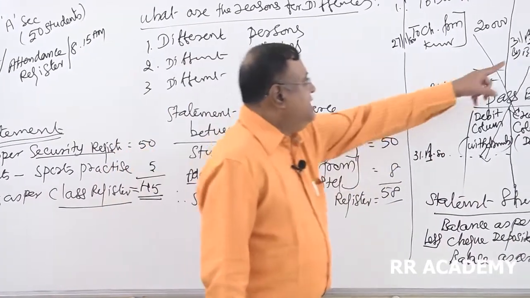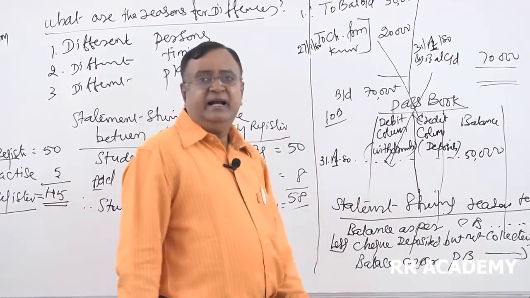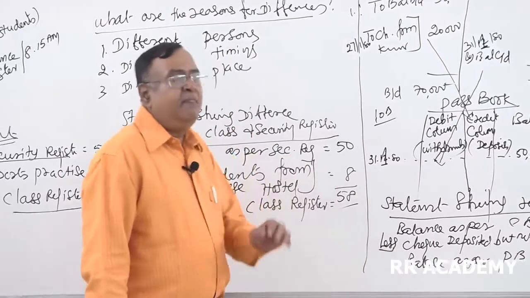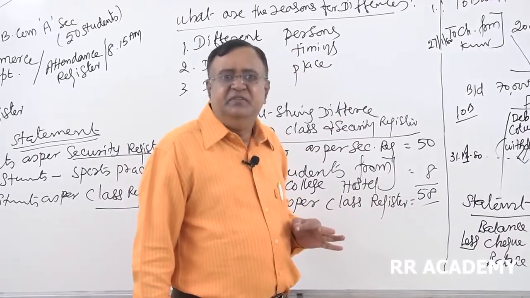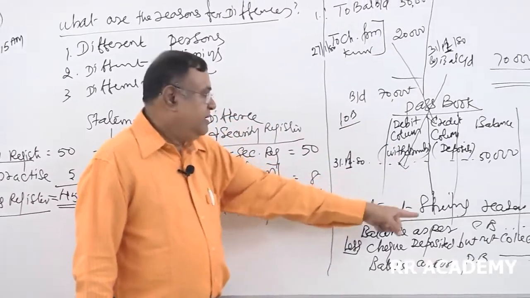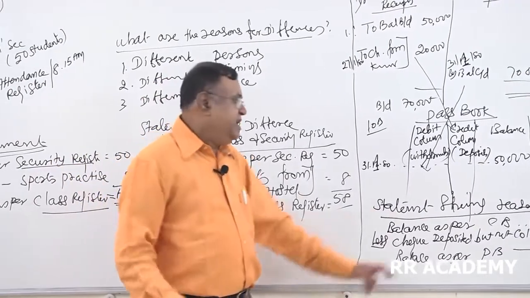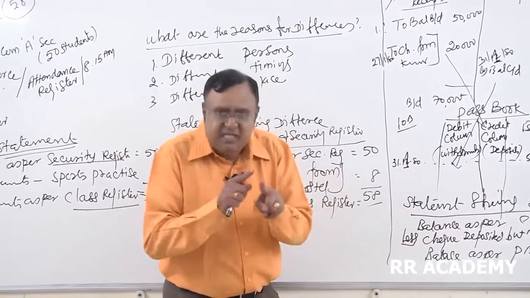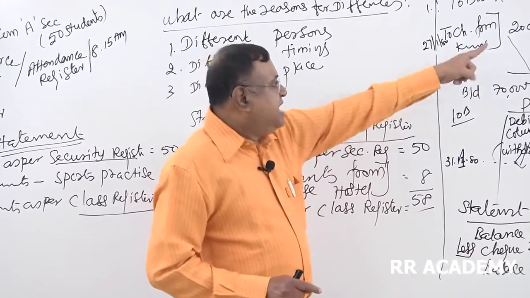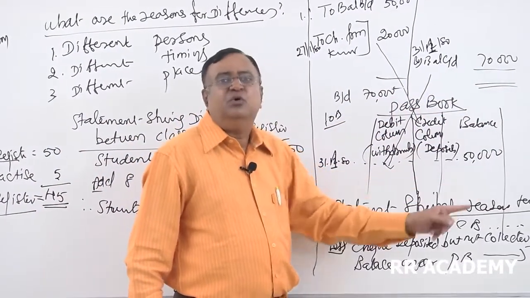Therefore, here 70,000, here 50,000. Both are correct. Reason: when a check is received, we enter it immediately here, sir. But in the bank passbook, after 4 to 5 days only they will enter. During these 5 days, the cash book will show 70,000, passbook will show 50,000.